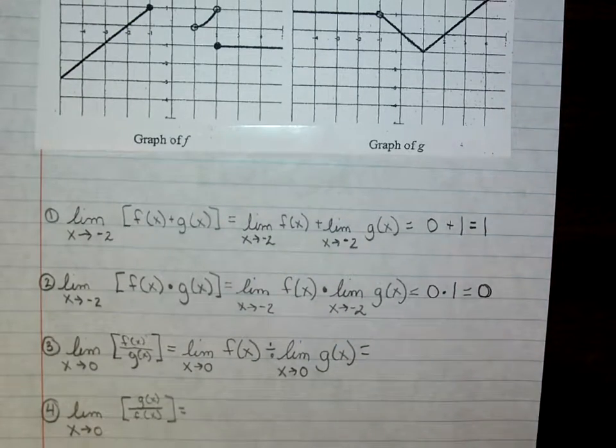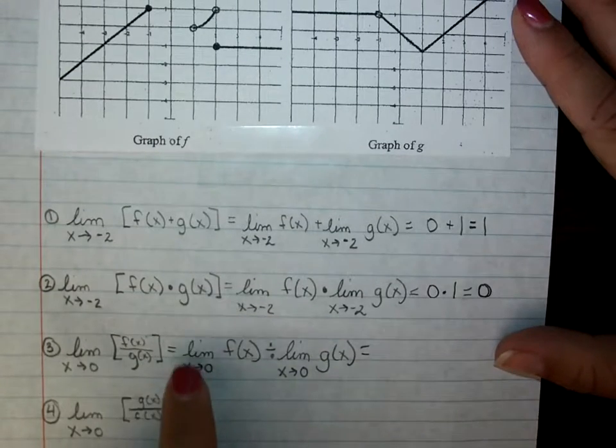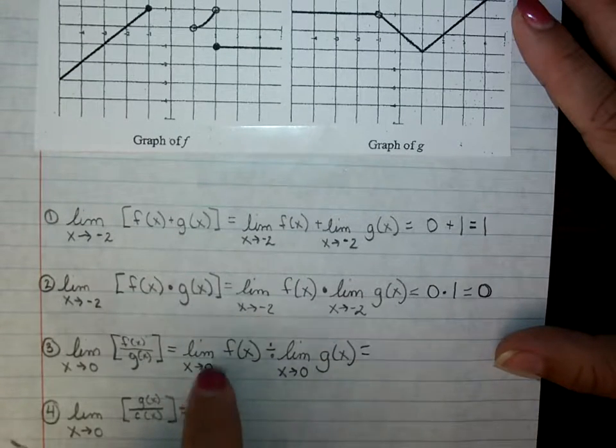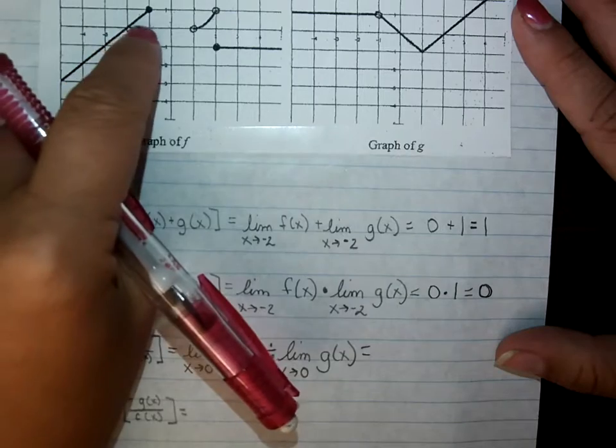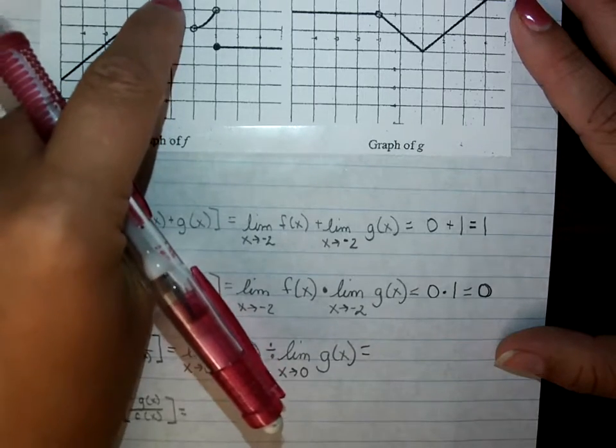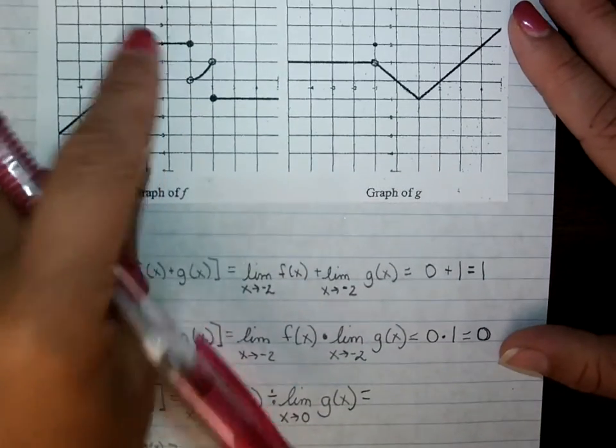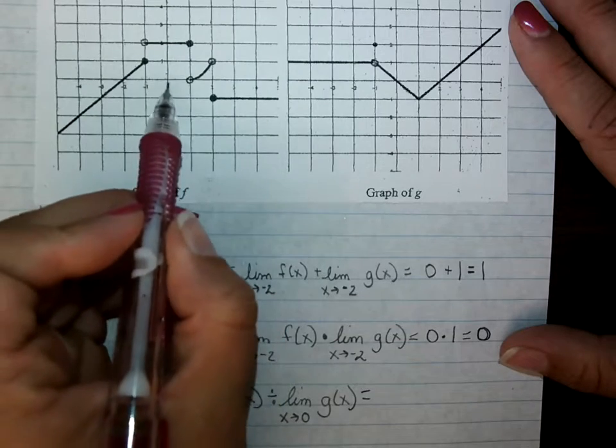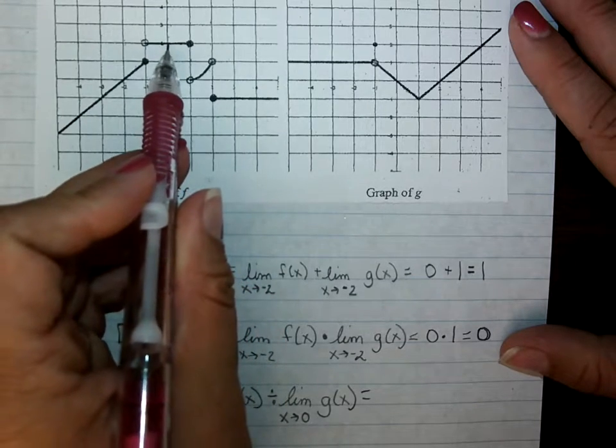Okay, and we're going to take a look at both of these. So the limit as x approaches 0 of f of x looks to be 2. If we look up here, so here's 0, it looks like f of x is approaching 2.